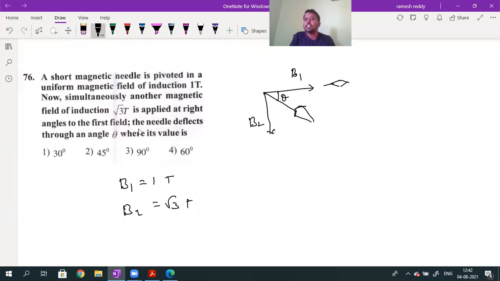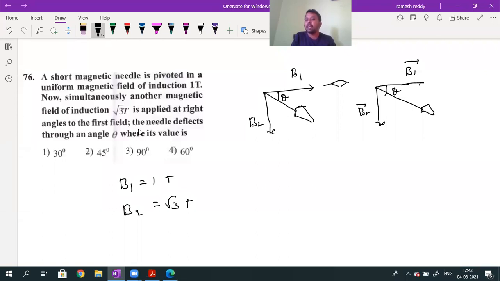B1 and B2 are perpendicular. The needle comes to rest in the direction of the resultant magnetic field. If the resultant makes an angle theta with B1, then initially it was along B1, and after applying the second field the needle is deflected through an angle theta.